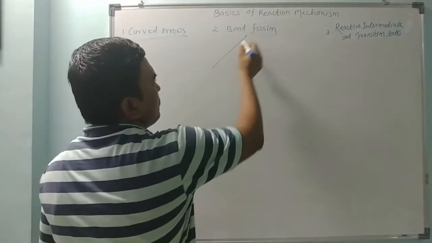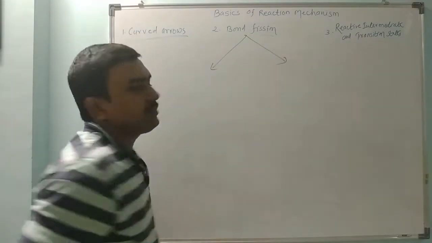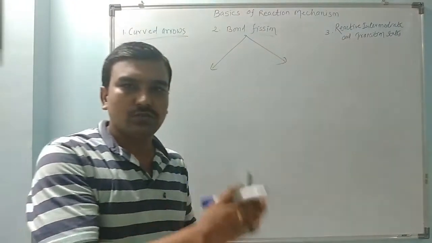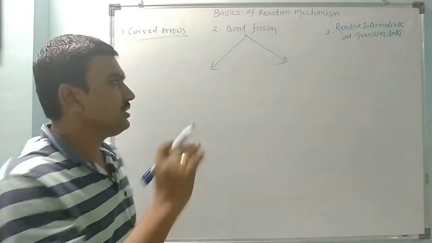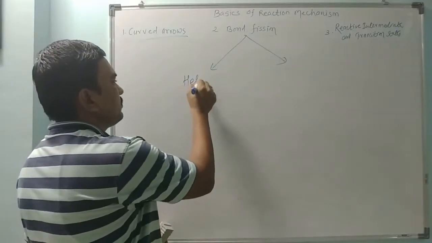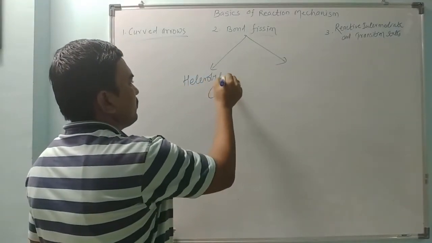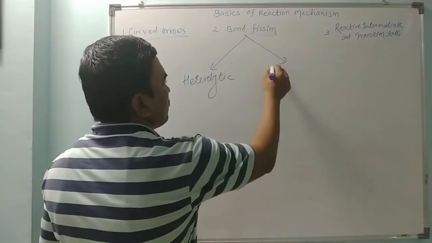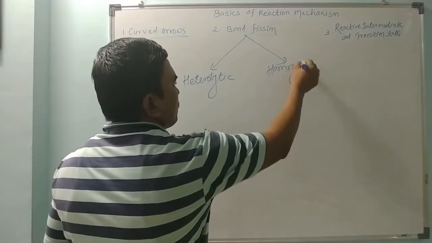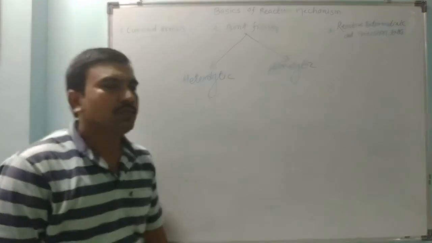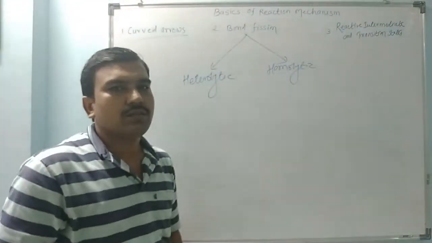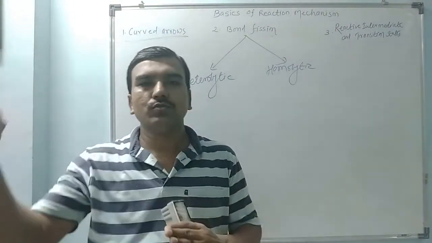Now we have to see bond fission. Bonds in organic compounds can be cleaved or broken in two ways. One is heterolytic bond fission, the second is homolytic bond fission. In heterolytic bond fission, both the electrons of the bond go to one of the bonded atoms.